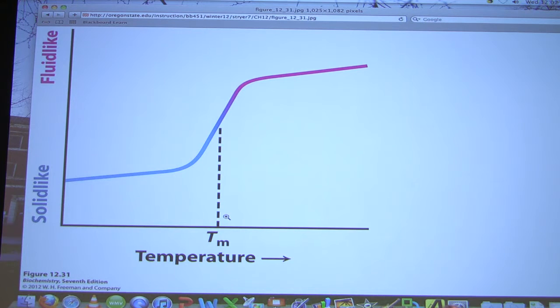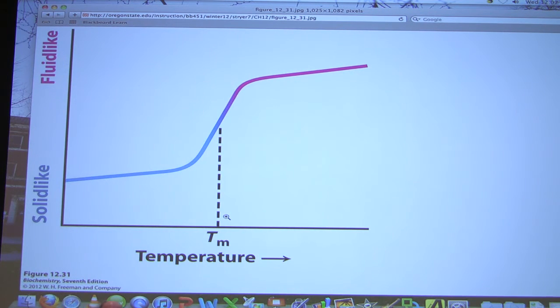The more unsaturated fatty acids they have, the lower their Tm will be. I'll repeat that. The more unsaturated fatty acids they have in their membrane lipids, the lower the Tm will be.